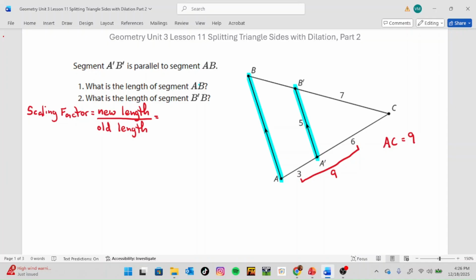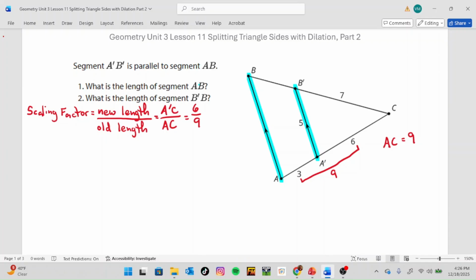So now I can take the new length, which is A prime C, and divide that by the original length, which was AC. From the drawing, I can see that A prime C is 6 units, and the original AC was 9.